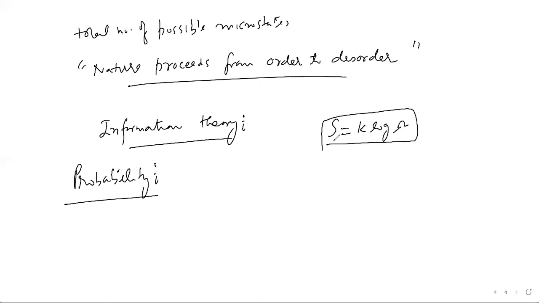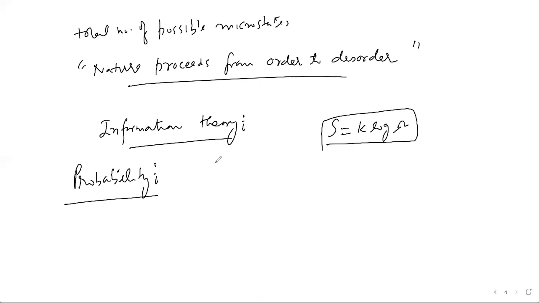For a given specified condition, we need to count the number of states. Once we do that, we can write down the entropy of the system. But before we do that, we need some definitions of probability, because otherwise, how are you going to count the states? So what probability is and things like that.